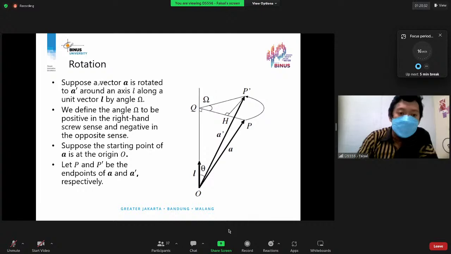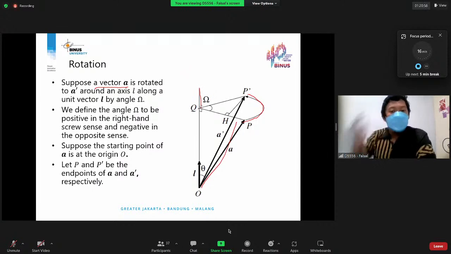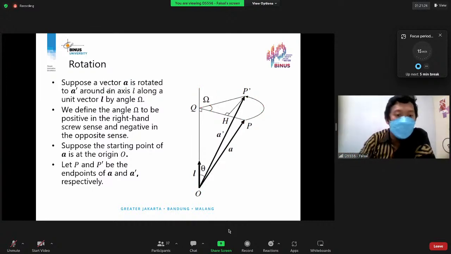So we want to rotate a vector A to the vector A prime around an axis L. Suppose a vector A is rotated to A prime around axis L, along a unit vector L, by angle omega.